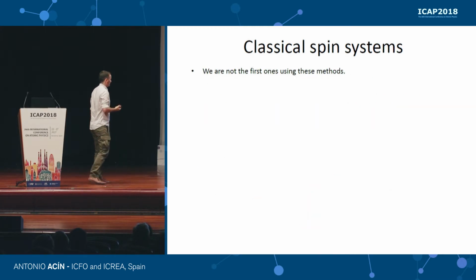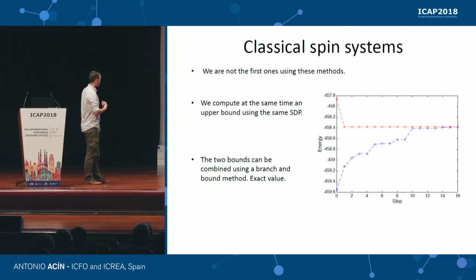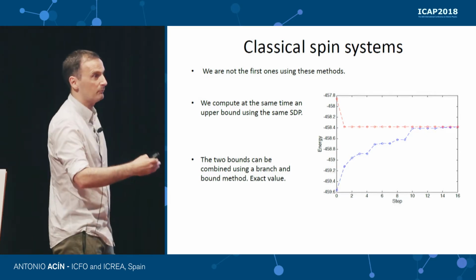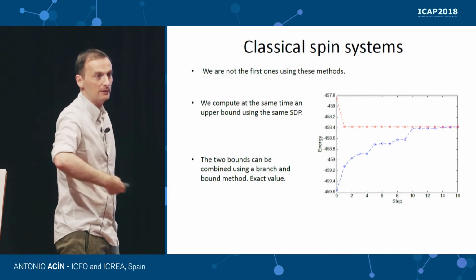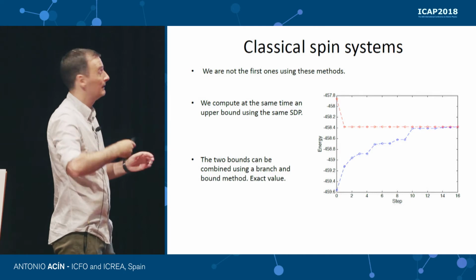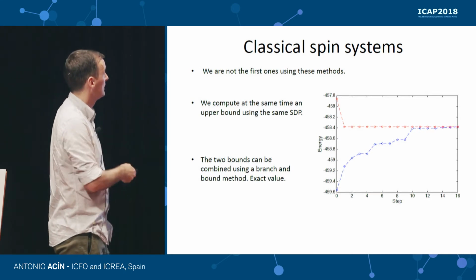We are not the first ones using this method. These methods have been used, but we also apply some other tricks that were very good in this particular case of classical systems. I'm not going to tell you how because there is no time, but from the method, it's also very easy to get an upper bound. Not necessarily the one given by the quantum annealer, but you can also get an upper bound for the classical spin systems.